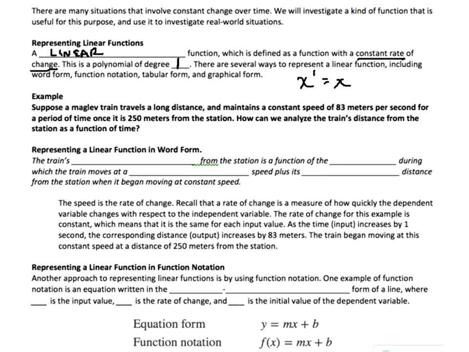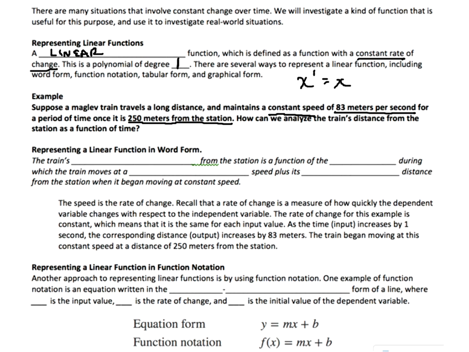There are several ways to represent a linear function, including just a sentence, a word form describing the situation, function notation, tabular form, and graphical form, and we're going to look at all of them. Okay, so suppose a maglev train travels a long distance and maintains a constant speed of 83 meters per second for a period of time once it is 250 meters away from the station.